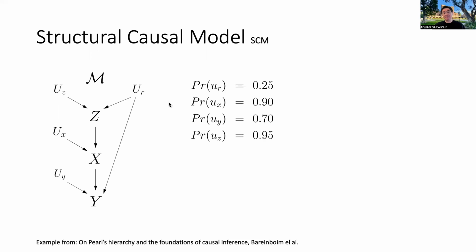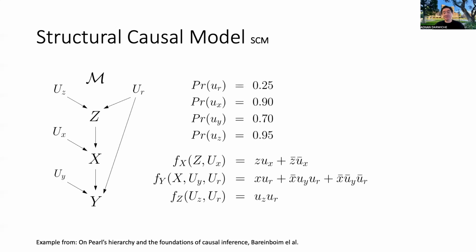So in this case, we're assuming all of these are binary, and so it's sufficient to give you these numbers that specify them. Now, for these, instead of giving you these functional CPTs, we usually write equations. That's what happens in a structural causal model. So in this case, here are the equations.